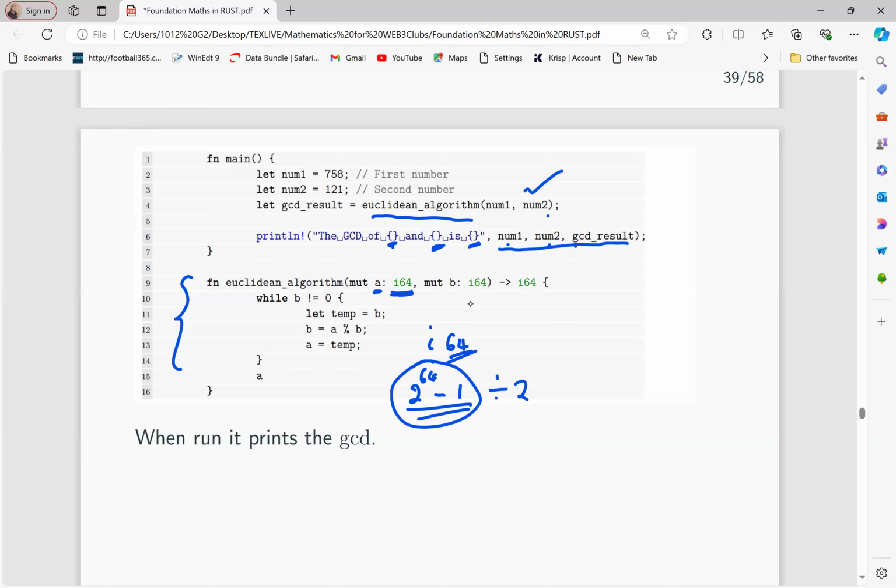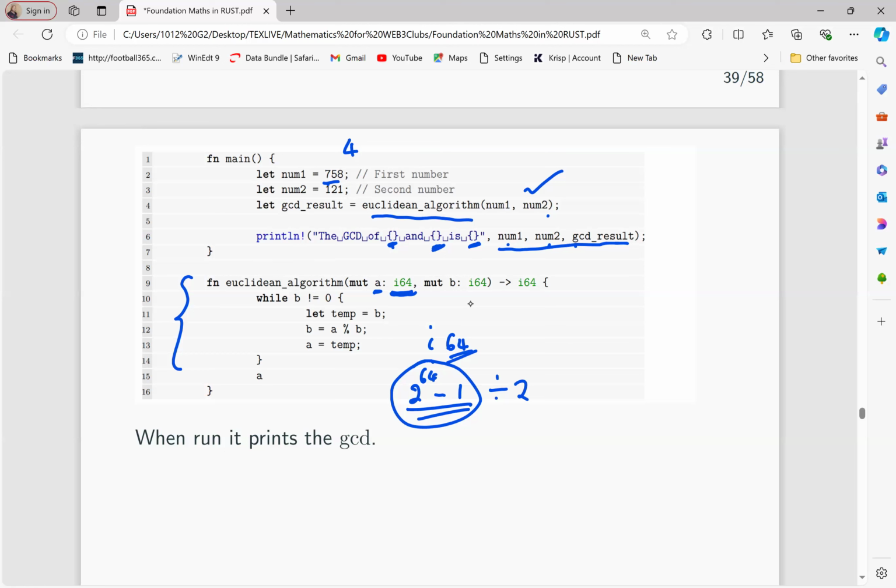So that is the range within which you can ask for the GCD. We can handle up to 4 million and something positive numbers, and 4 million negative numbers. But beyond that, it will not handle, because we've defined it to be I64.